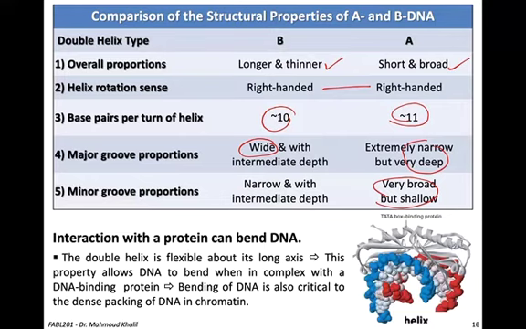They need to bind the DNA, of course, as we said before, through the major groove and the minor groove. Once it binds to the DNA, this DNA binding protein will make the DNA bend around itself. And this we will see later, and this will facilitate the process of transcription and the process of replication as well.